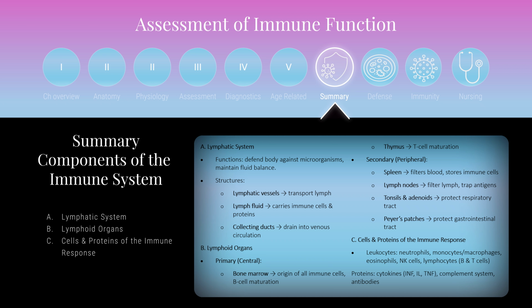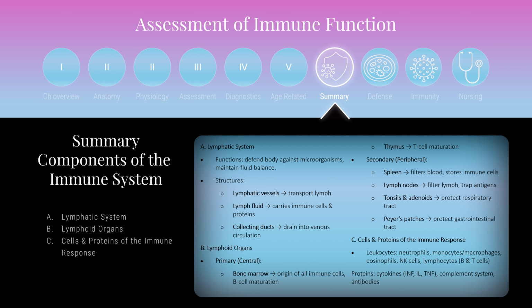Secondary, or peripheral, is the spleen, which filters the blood and stores immune cells. Lymph nodes filter lymph and trap antigens. The tonsils and adenoids protect the respiratory tract. The Peyer's patches protect the gastrointestinal tract.